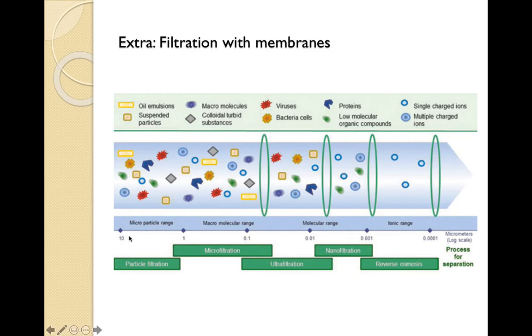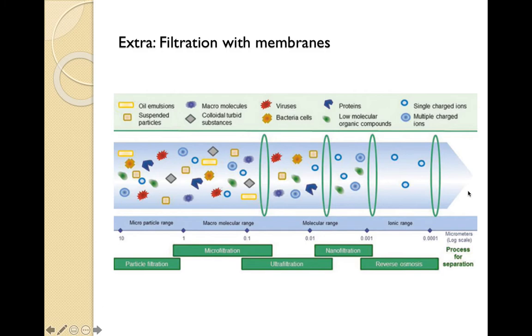So 10 micrometers can be filtering out suspended particles, as I said before, but also, very actual at the moment, viruses. They are so small, hundredths of a micrometer, and then we're already using ultrafiltration. Ultrafiltration is also, for instance, used in the process of removing alcohol from beer, to make it alcohol free.